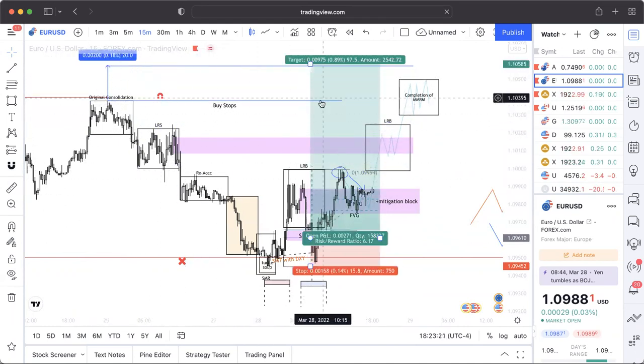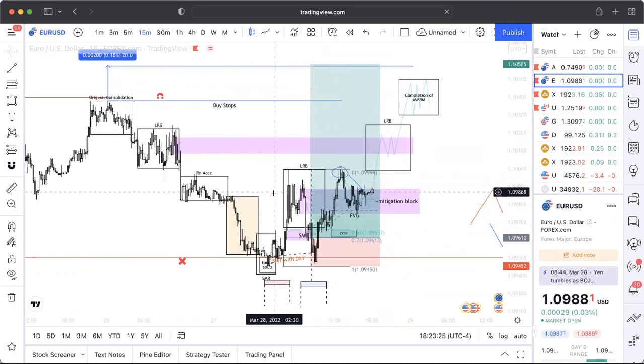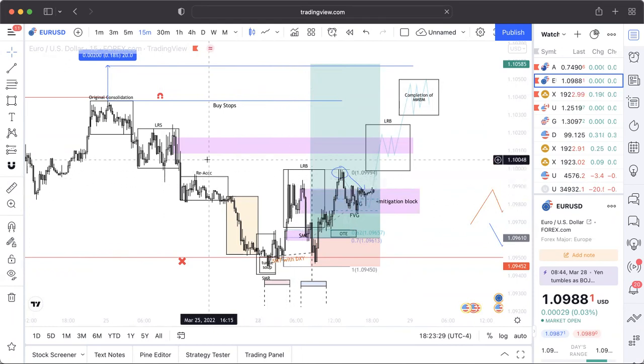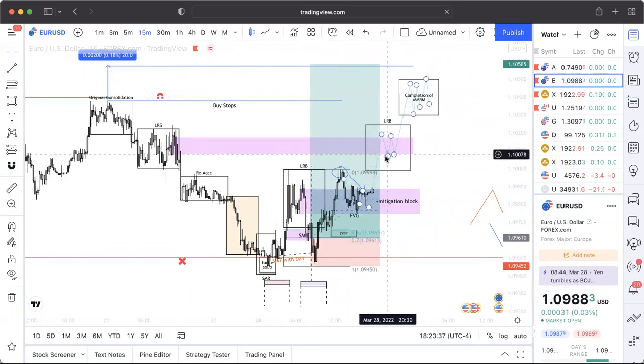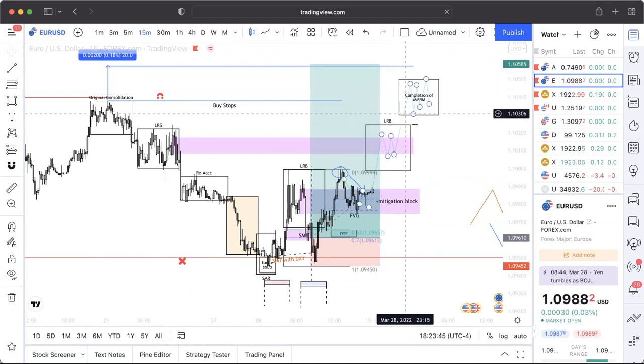You only want to use it as a directional idea giver, bias. Yes, bias. It's just giving you the bias. If you are at this point, you will still be looking at bias because it has still not cleared the original consolidation. So these are the things for how you use it.